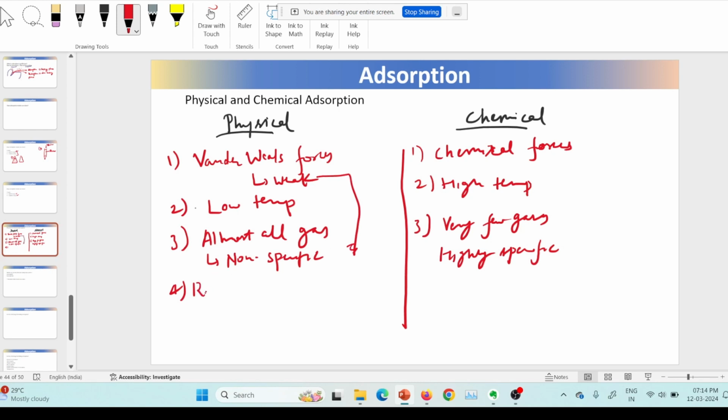But chemical adsorption is usually irreversible in nature.